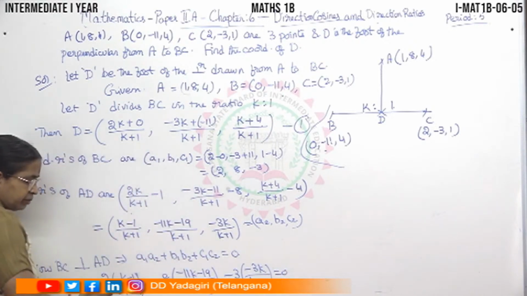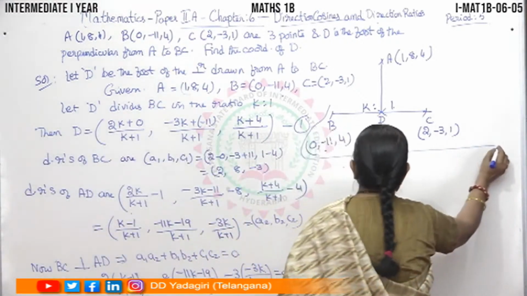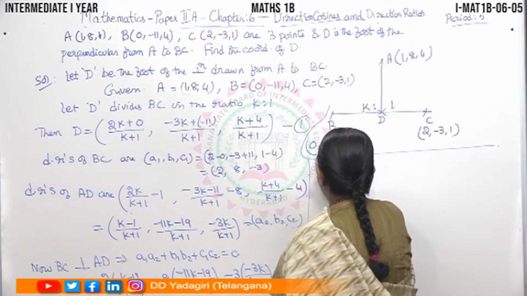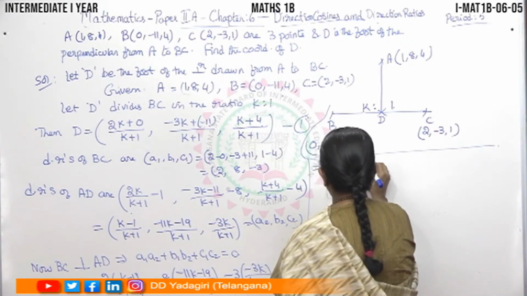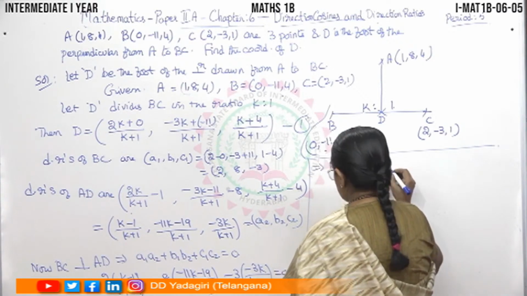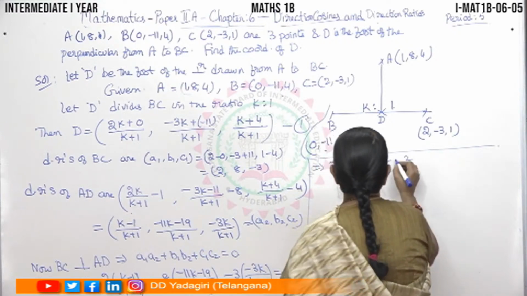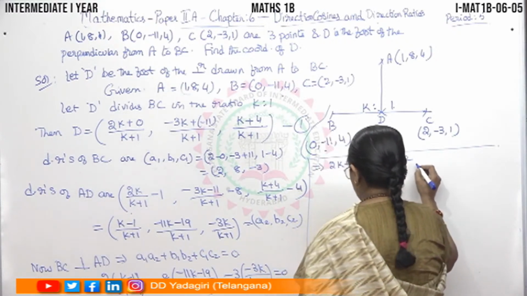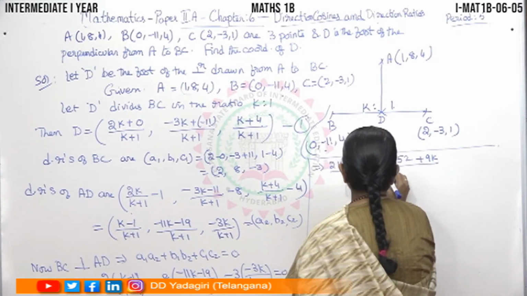Now if you take k + 1 as LCM and simplify, this implies 2k − 2 − 88k − 152 + 9k over k + 1 is equal to 0.